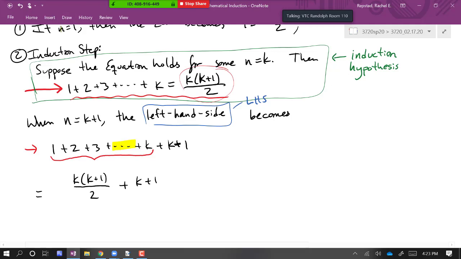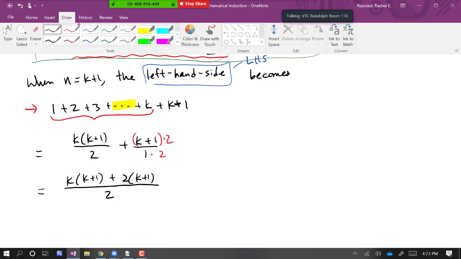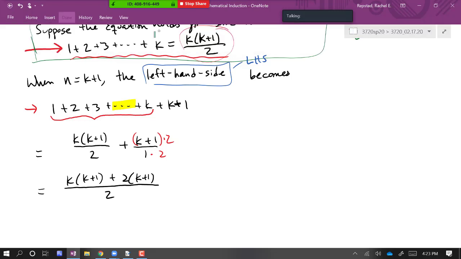So let's get a common denominator, times 2 times 2. So we have k times k plus 1 plus 2 times k plus 1, over 2. Now you could distribute everything out and then factor, but I think it's a little bit simpler to say, oh look, I've got a common factor of k plus 1 and just take it out.